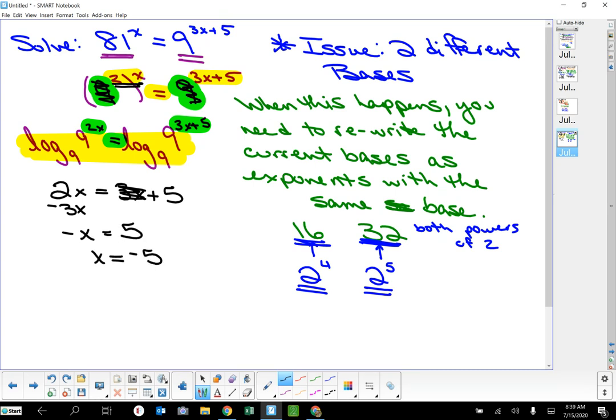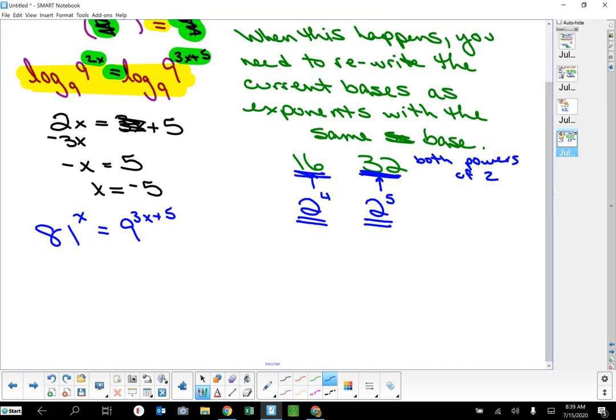All right. I want to do this another way. I didn't do it that way in my notes, actually. If I had the original problem, 81 to the x equals 9 to the 3x plus 5, I actually went base 3 with these. And here's why. 81 is 3 to the 4th power, and 9 is 3 to the 2nd power.